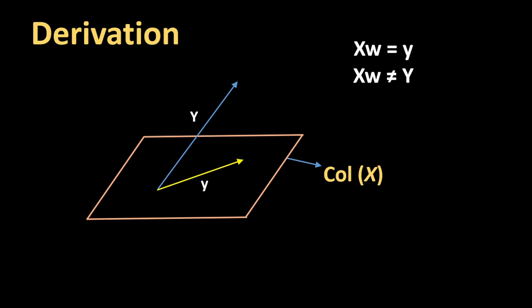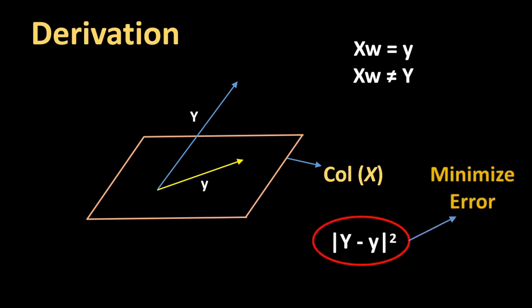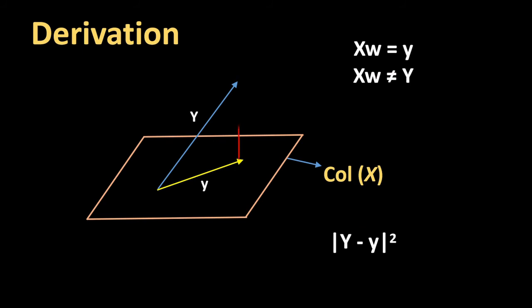So what is our objective? Our objective is to minimize the difference between the actual output and the predicted output, that is capital Y minus small y, and we are squaring it so that no negative term is involved here, as it might make our total error 0. Let us denote this difference by the red line as shown here, and let us call this difference small e.